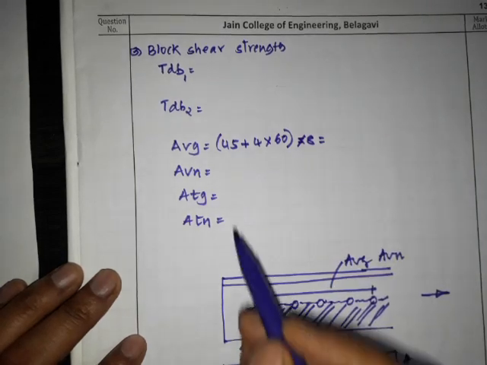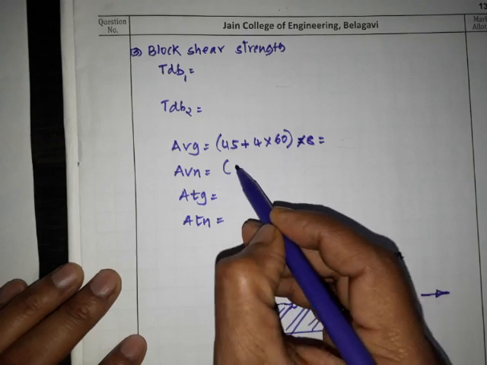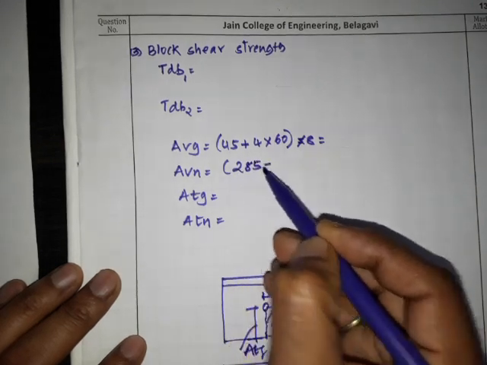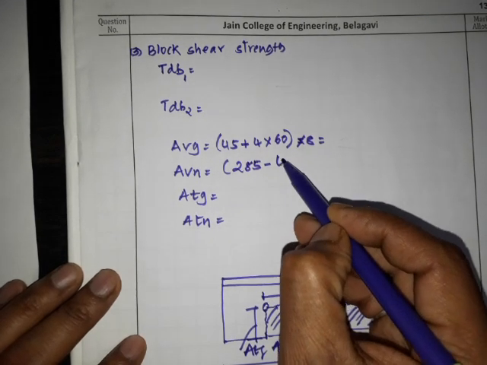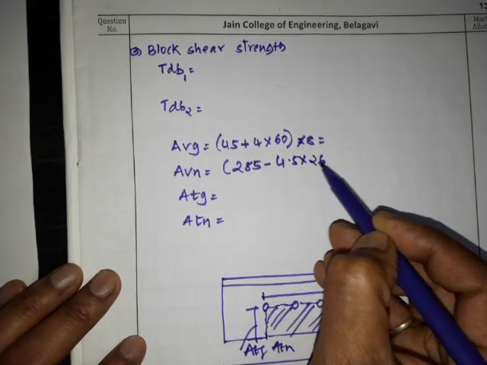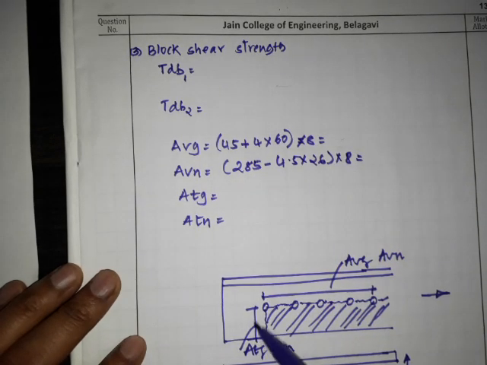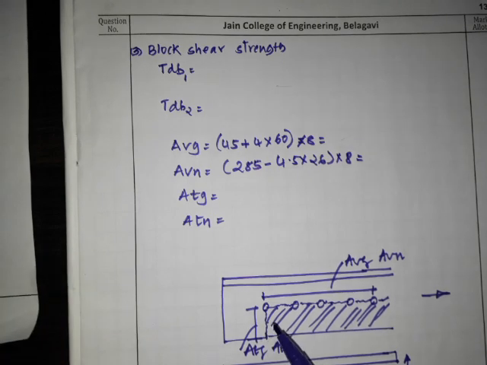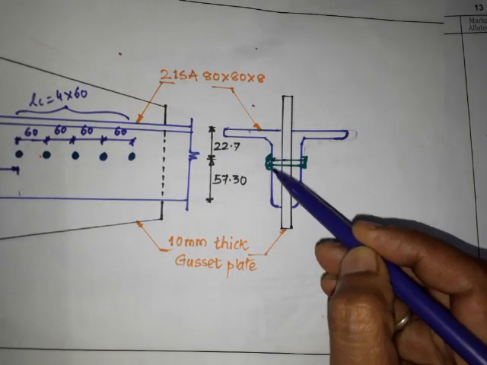AVN is again 45 plus 4 into 60, we will get it as 285, minus the 4 number of bolts, 1, 2, 3, 4, and 4 and a half, 4.5, so 4.5 into 26 into 8. Then ATG is 57.3, which we get from the steel table.